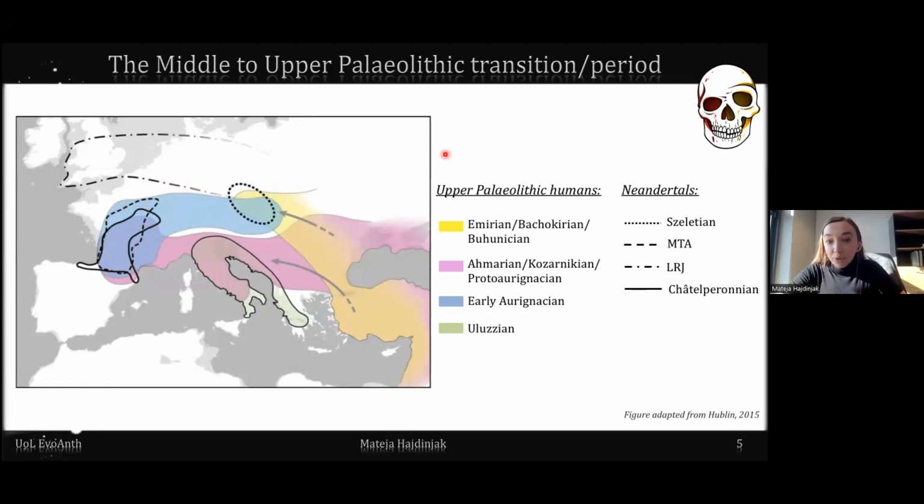However, hominin remains which are directly associated with these transitional archaeological assemblages are extremely rare.